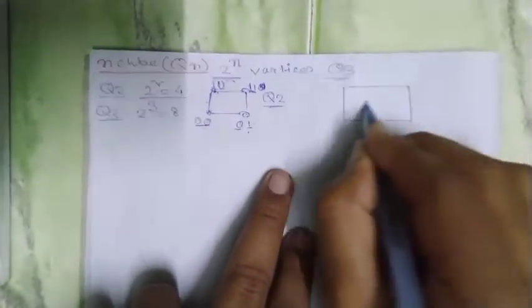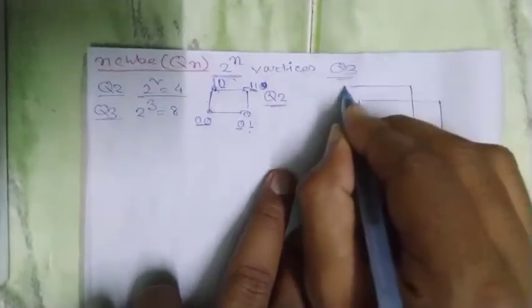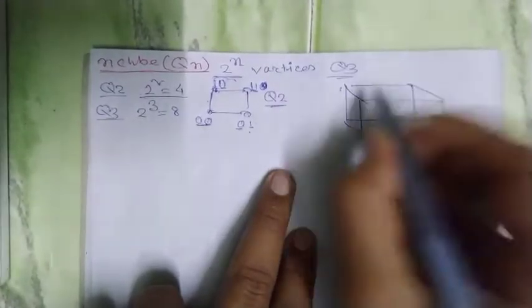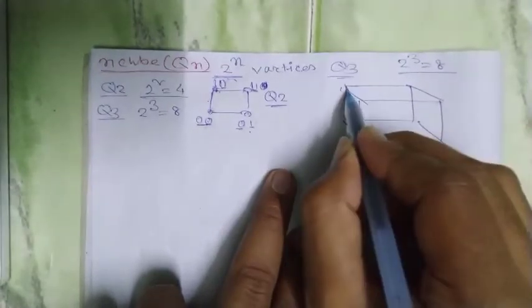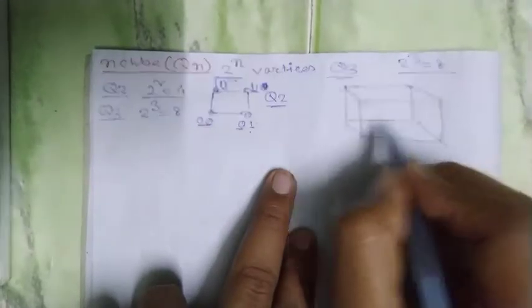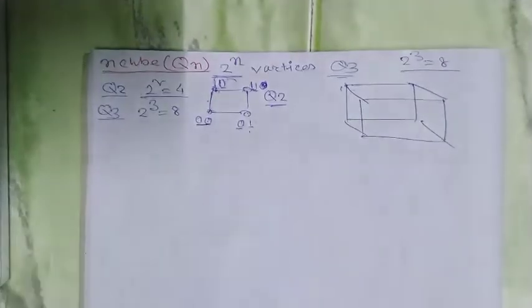I am just drawing it, okay. So how many vertices? 2 power 3, that is 8. So we can see there are 8 vertices, 1 2 3 4 5 6 7 8, okay.